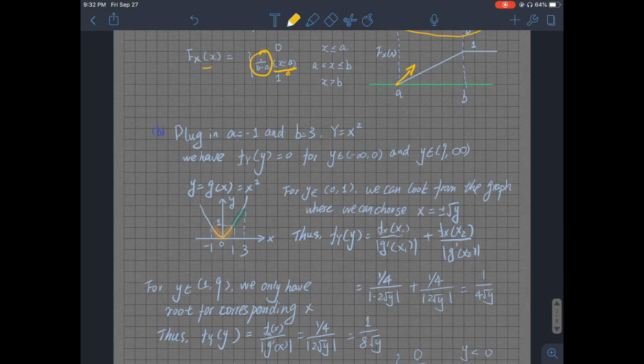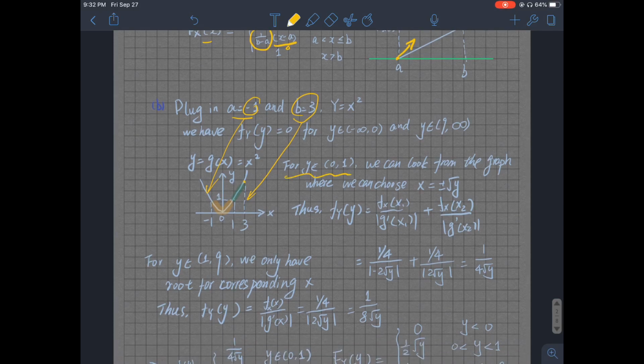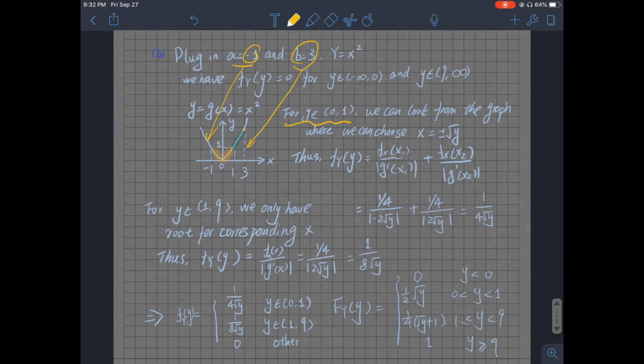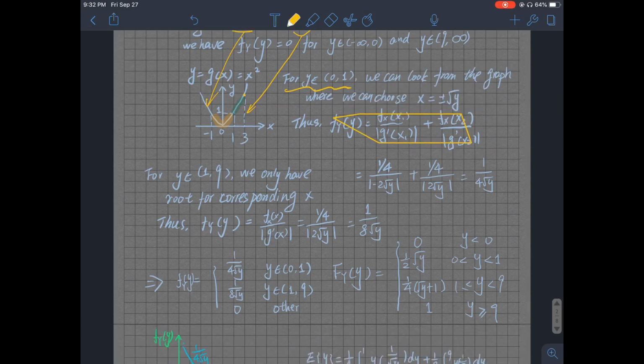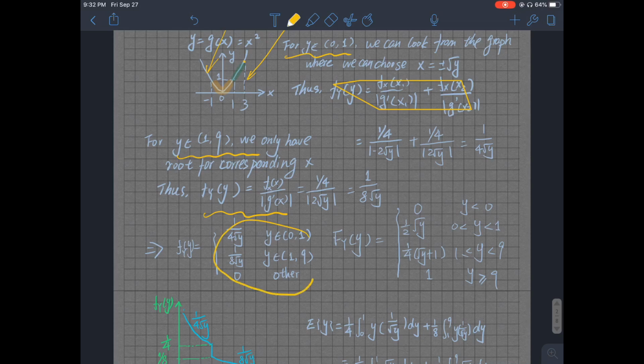We need to plug in a equals -1 and b equals 3. And we discussed that in this region we have two roots, so we simply write down the two-roots formulation. And then for 1 to 9, we only have one root. Then we can get the result here.